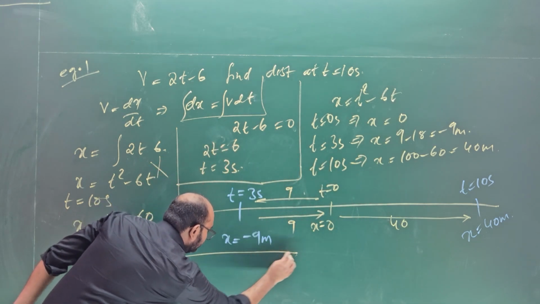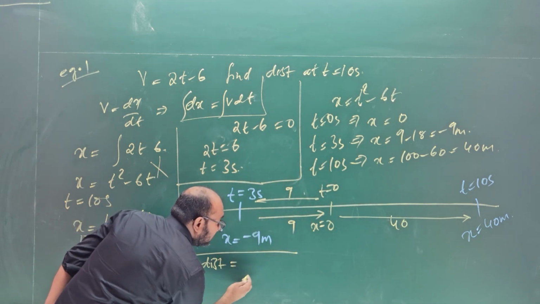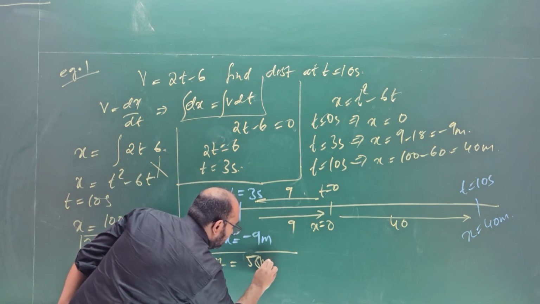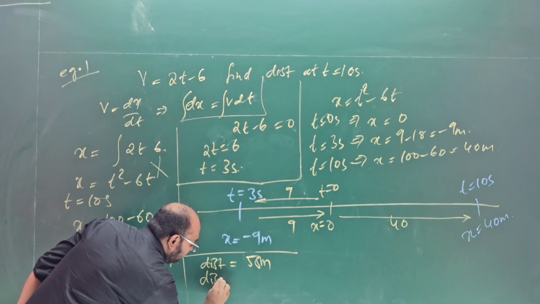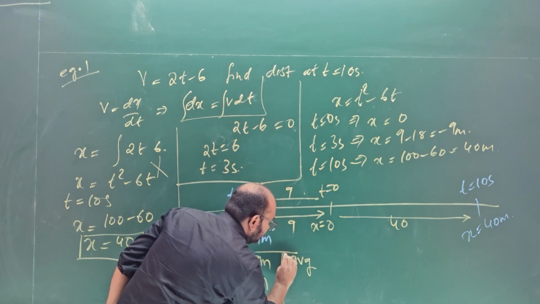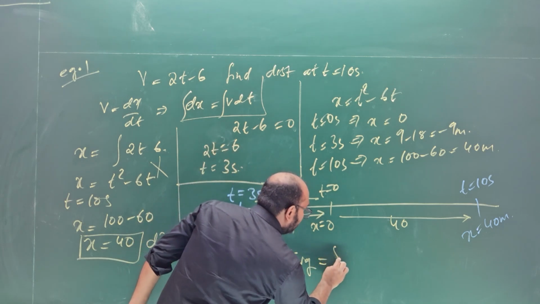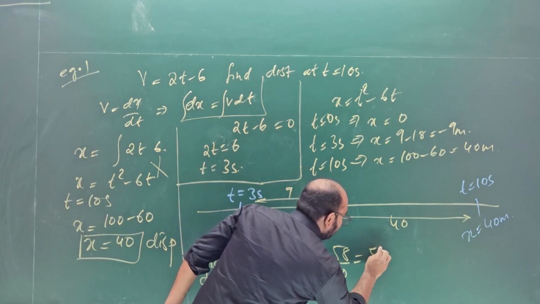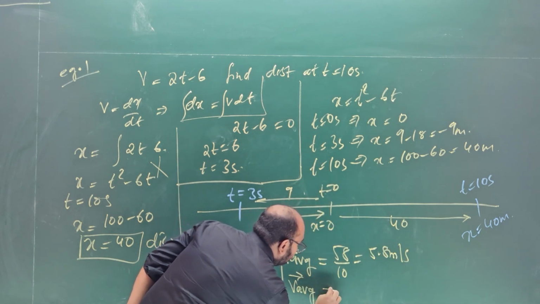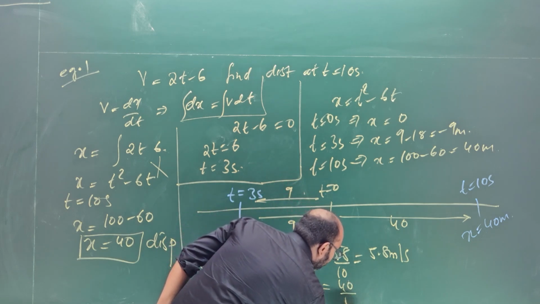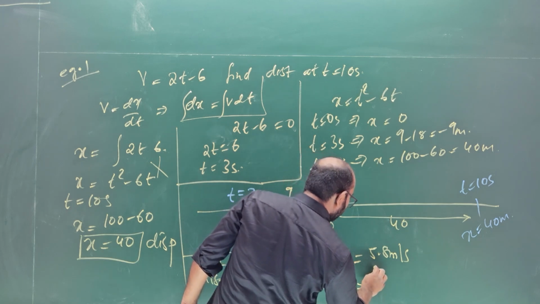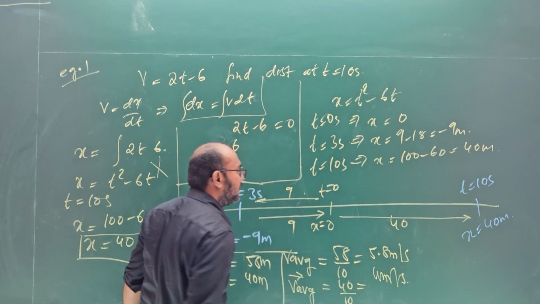So distance is 9 plus 9, 18, 18 plus 40, 58 meter. What is the displacement? 40 meters. Average speed is 58 upon 10, that is 5.8 meter per second, or average velocity is nothing but 40 upon 10, that is 4 meter per second.